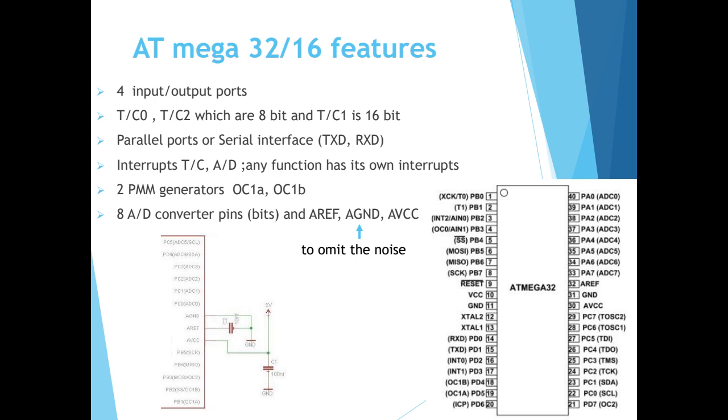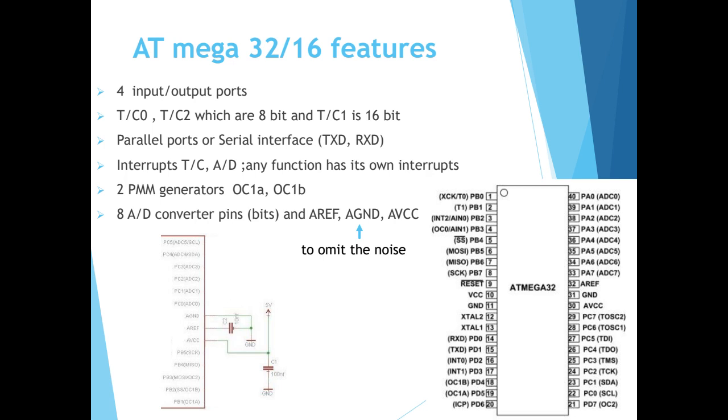As I said about ATmega32 or 16, we have four input-output ports: port A, port B, port C, and port D. You see here, port A includes 8 pins, PA0, PA1, PA2, PA3, PA4, and till PA7.